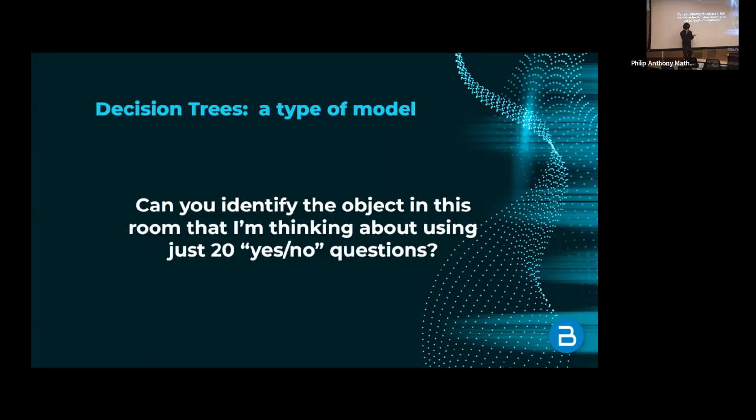No. Is it something you write on? No. Is it something you wear? No. Is it something you do? Yes. An apple? No. Computer? No. Mouse? No. Keyboard? No.